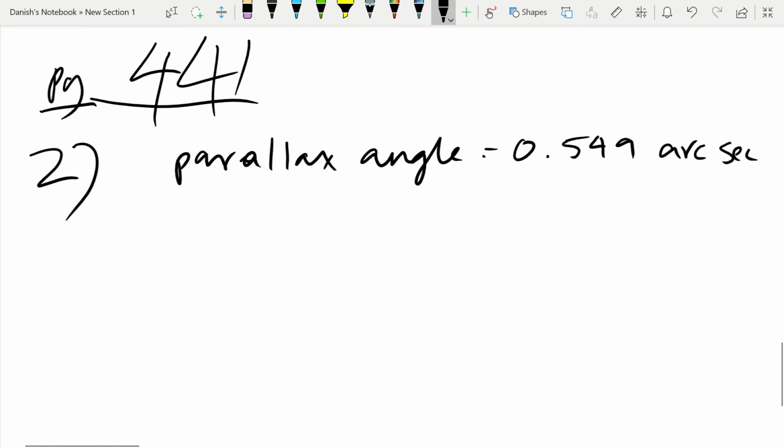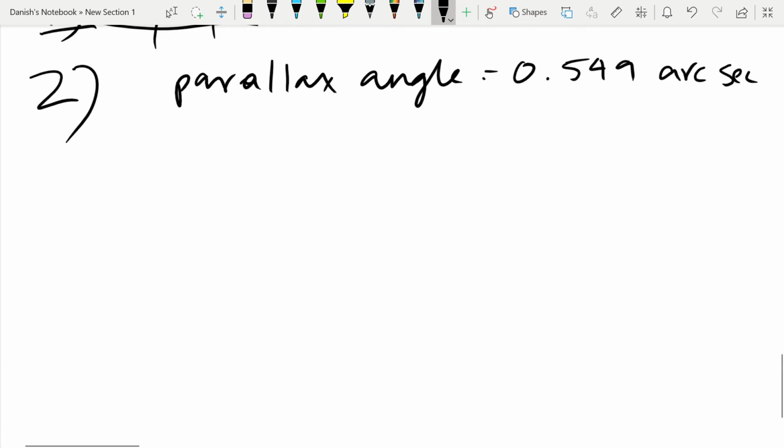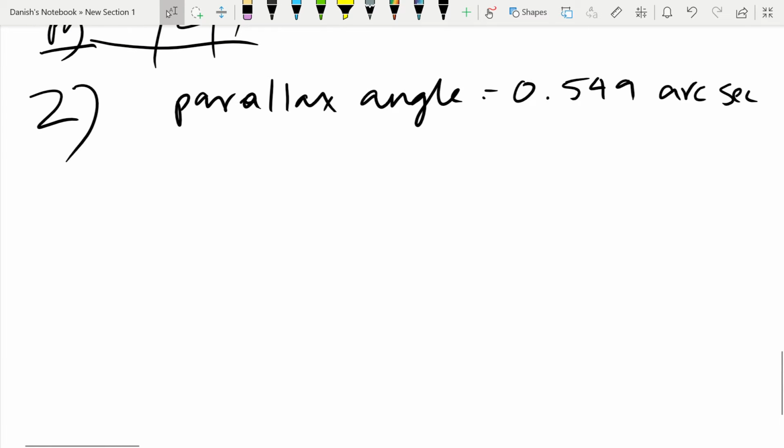Yes. So now there are a bunch of questions on this that will help us. Let's go to the first one. So the first one asks us to explain what a parallax angle is and explain how it's measured with the help of a diagram if possible. So I'll draw a basic diagram and give you a basic explanation.